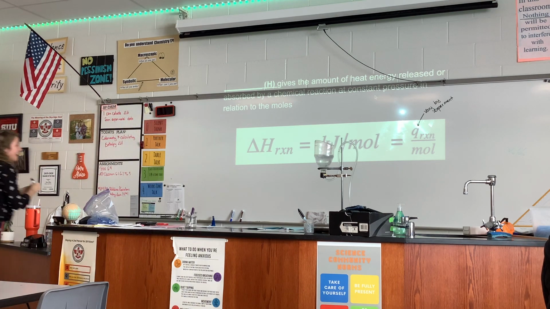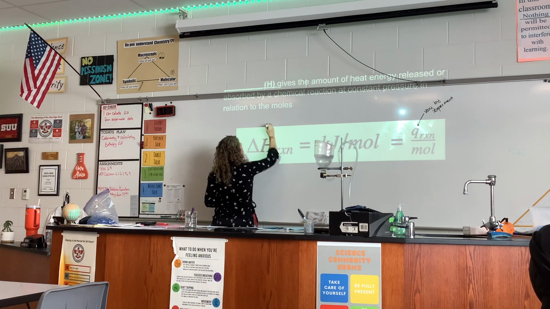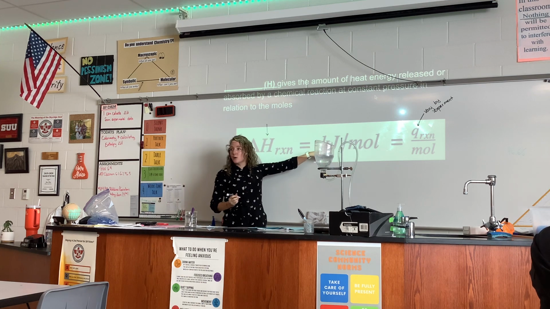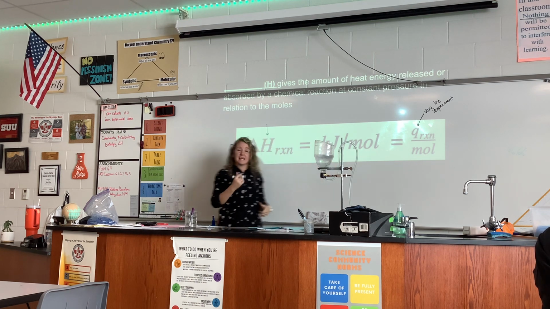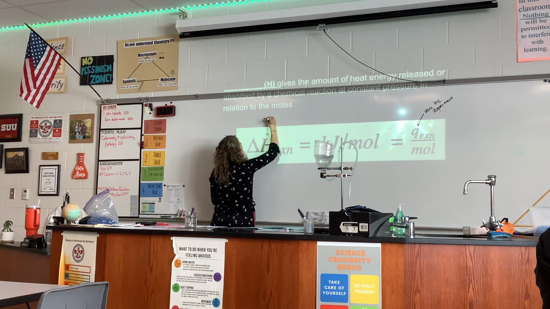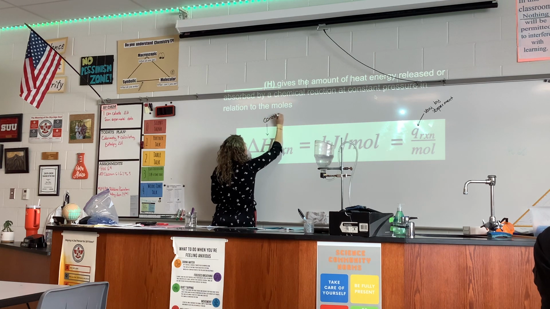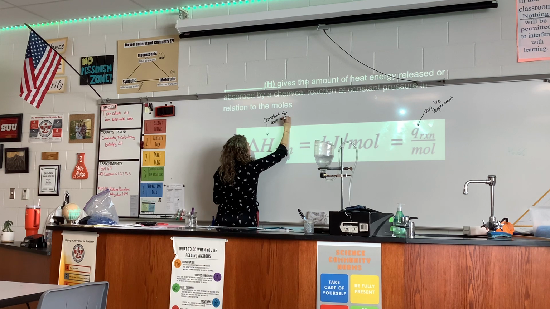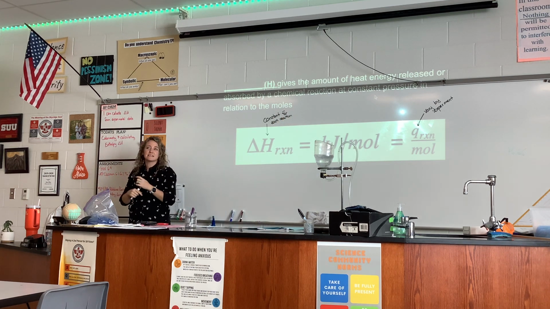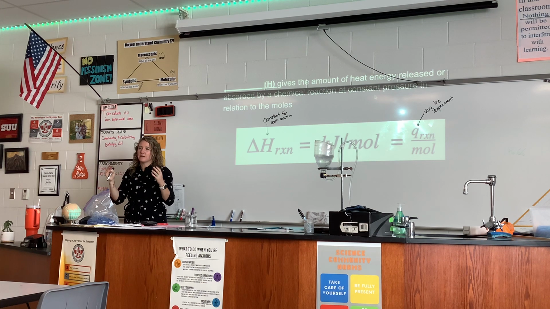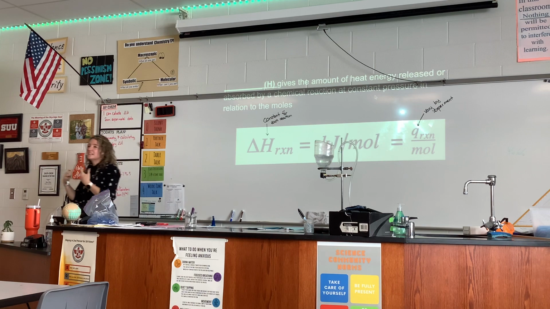But delta H, because it's a ratio of the heat per mole that was used, stays constant. So delta H for a reaction is always the same. Even though you all will calculate different Q's, in the end you should all get the same delta H. That's where it's beneficial.